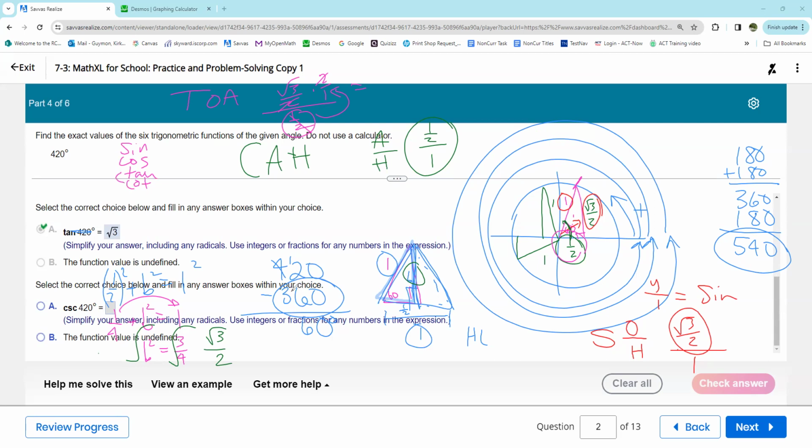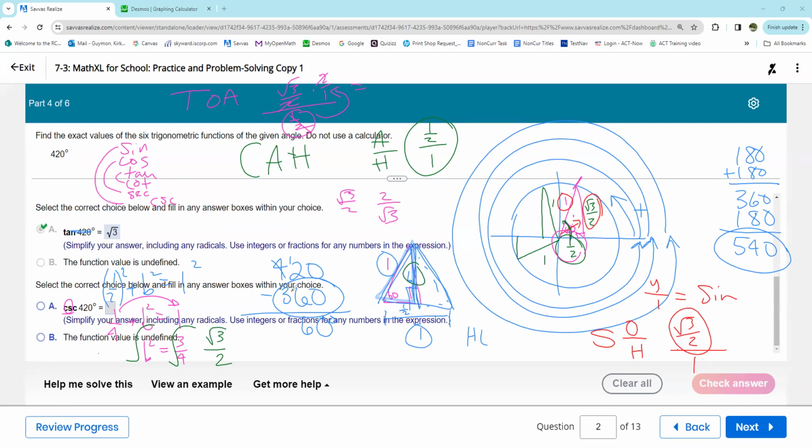They just go together. Cosine then goes with secant, and sine with cosecant. So we're doing cosecant right now. We'll go back to sine, which was the square root of 3 over 2. So we need the reciprocal, 2 over the square root of 3.